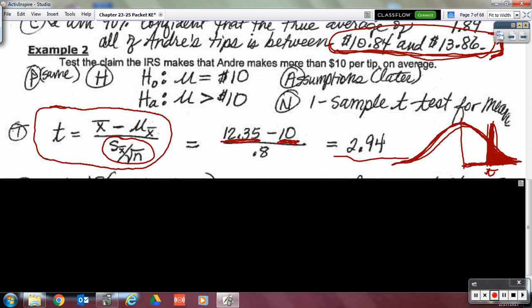The p-value is going to be the area above because it's an upper tail. So we need to find this area right here in that upper tail. That's our p-value: the probability of getting that sample of those 8 tips, 12.35, or something more extreme if the average is 10. So what are we going to do to get this area? How do you compute this tail area?